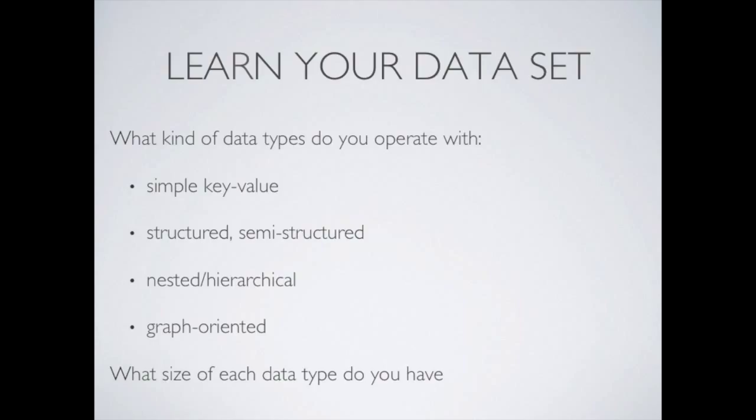Or the data is structured or semi-structured, or you have a lot of nested and hierarchical data. For example, if you have a product catalog, most likely this is your hierarchical structure, right? And if you have a network of social relationships between your users, and you want to show information like what friends of your friends love or like, that's probably graph-oriented data.